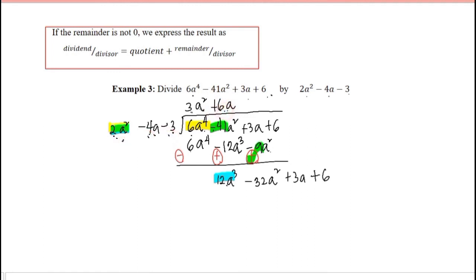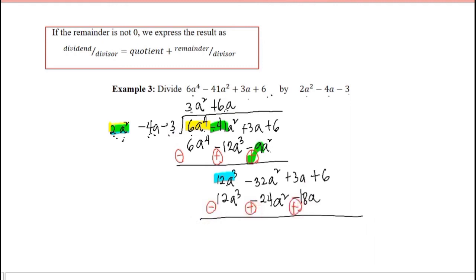So we have 6a times 2a squared is 12a cubed. 6a times negative 4a is negative 24a squared. And the 6a times negative 3 is negative 18a. And then, change the sign.